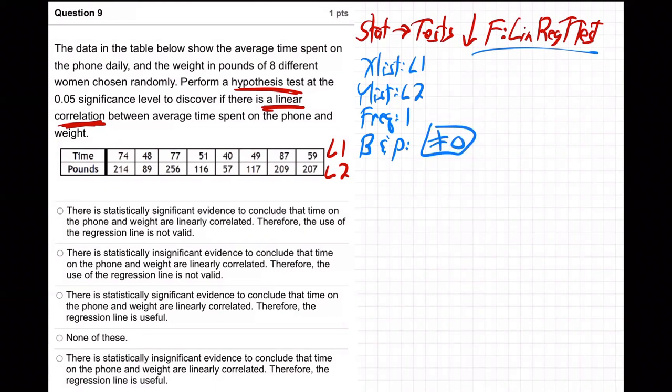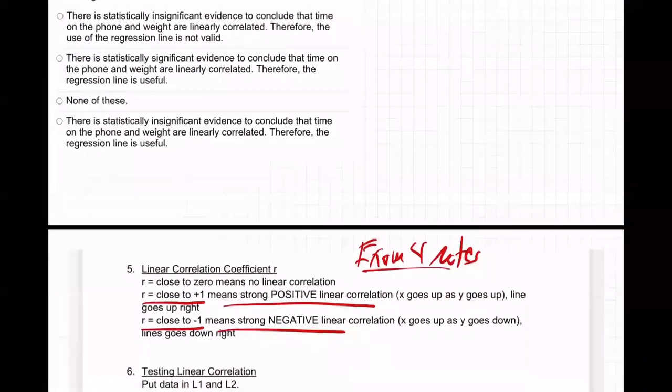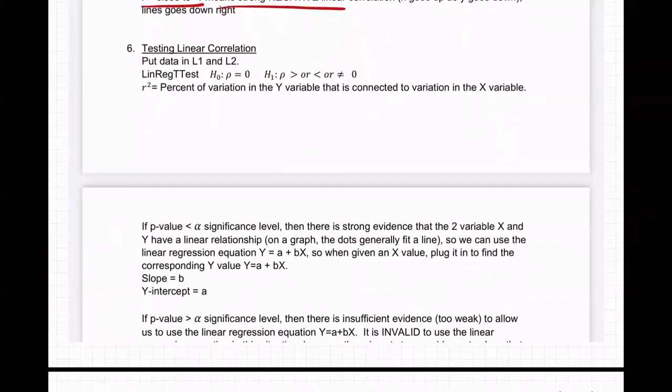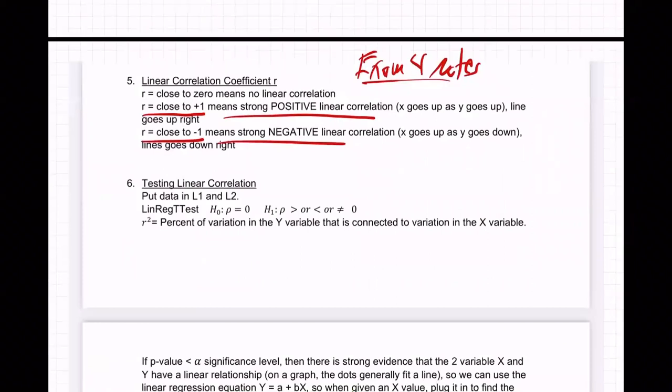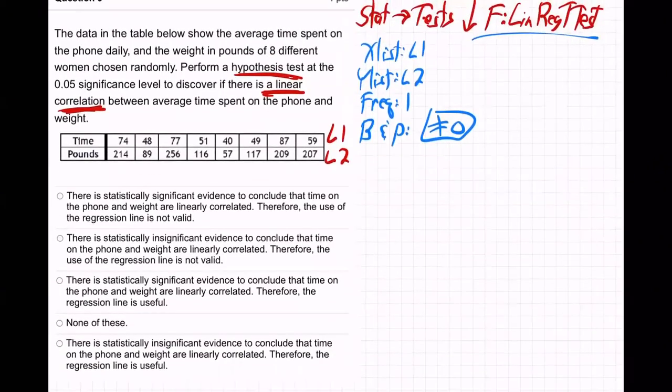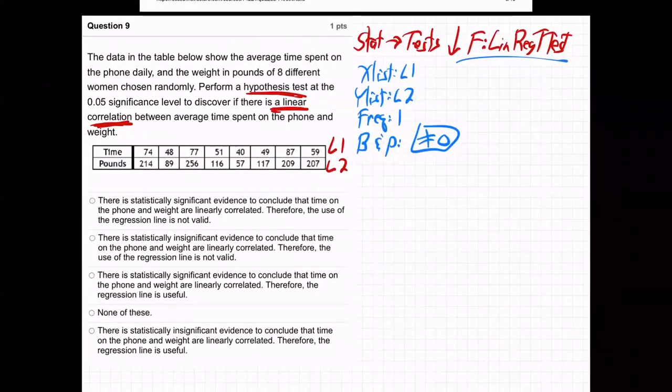Why is that? What are we actually doing? Well, we're trying to find out if the slope is not equal to 0 or is equal to 0. So if in doubt, you choose not equal to 0 on these. Okay, and then we just go calculate.